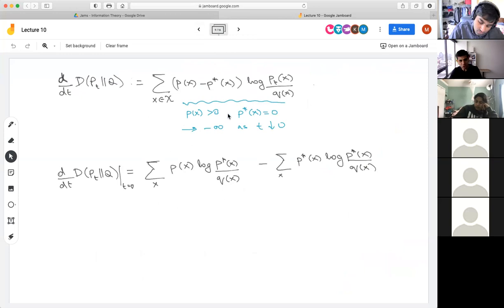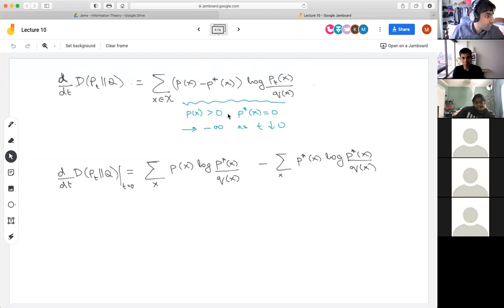So we know the form of the derivative. And now the properties just follow from staring at it more or less. First, recall that we wanted to prove that the support of any p inside pi is contained in the support of p star. So suppose not.